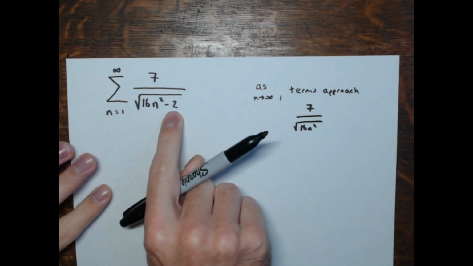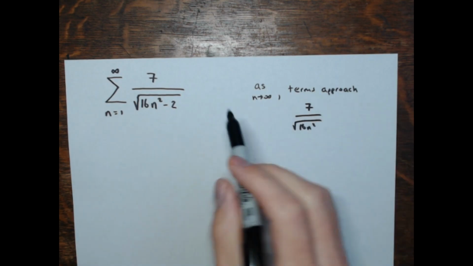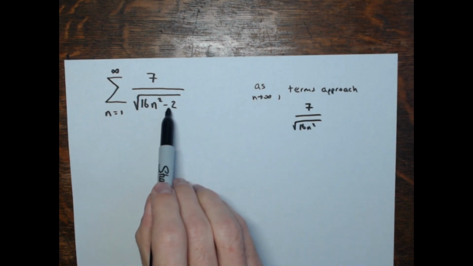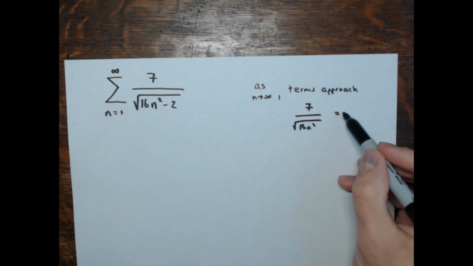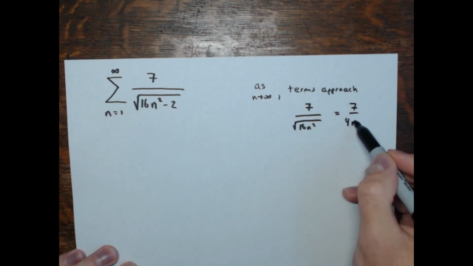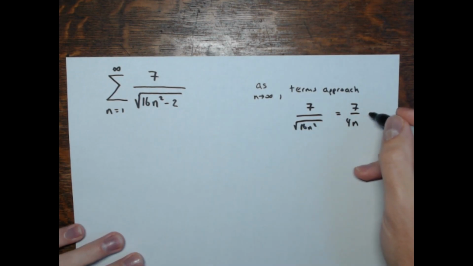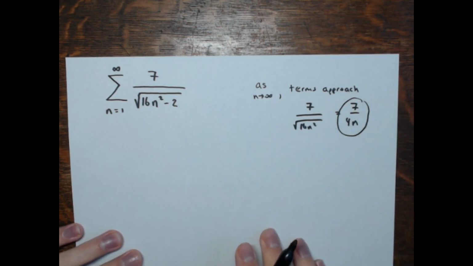The whole minus 2, they approach 0, right? The terms go to 0, but as n goes to infinity, the minus 2 down here wouldn't really have much of an effect. You'd basically have the square root of 16n squared down here, or 7 over 4n, right? So this would be a great thing to do some comparison to somehow.